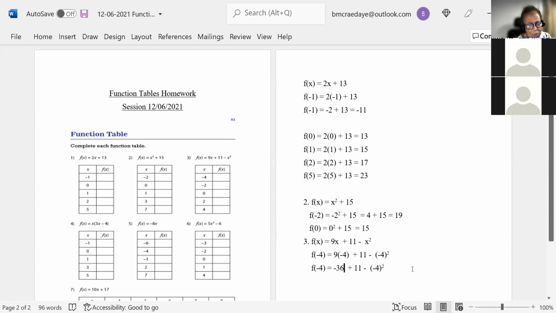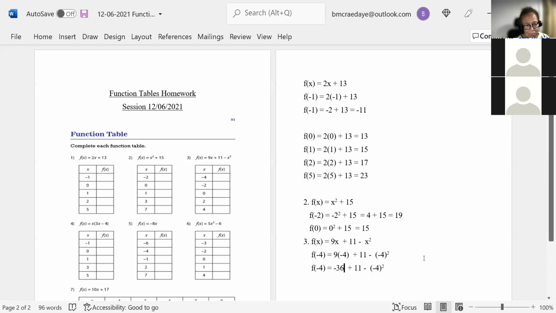No, 4 times 4 is what? 4 times 4. 4 multiplied by 4. What's 4 plus 4? 8.